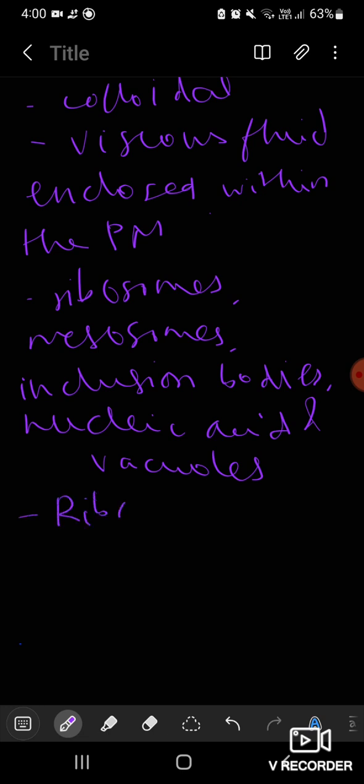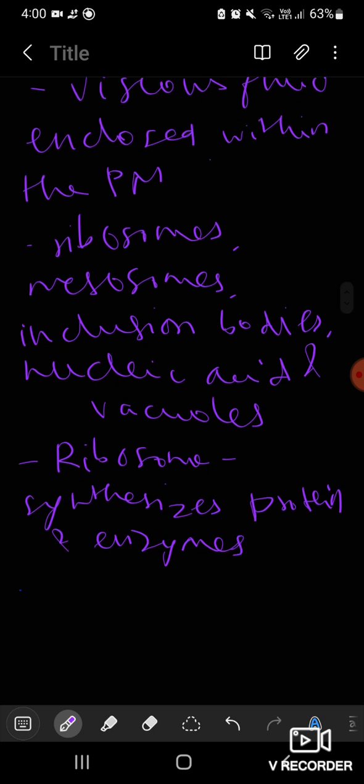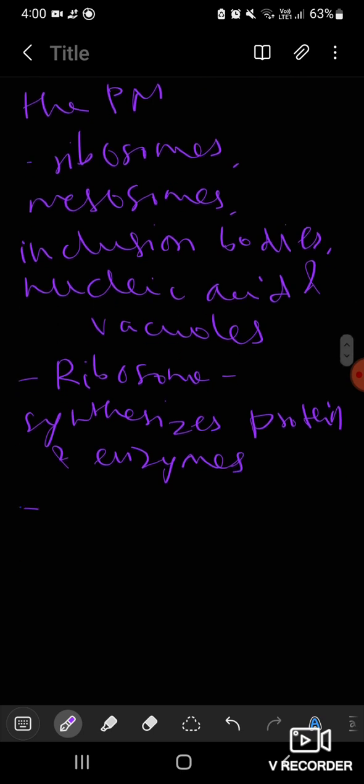The function of the ribosome is that it synthesizes the bacteria's proteins and enzymes. Then we have mesosomes. What is a mesosome?